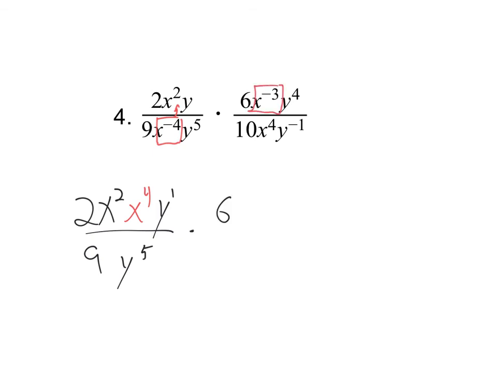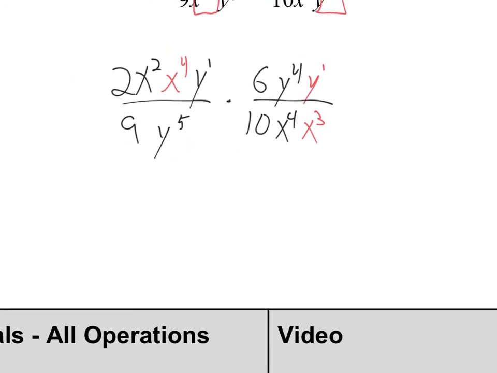This x is going to have to get kicked down, and the y to the -1st is going to come up. So we have 6y to the 4th, and then y to the 1st, all over 10 x to the 4th, and then x to the 3rd. So first thing I did is just kind of rewrote this, getting rid of any negative exponents. So now let's make this pretty.